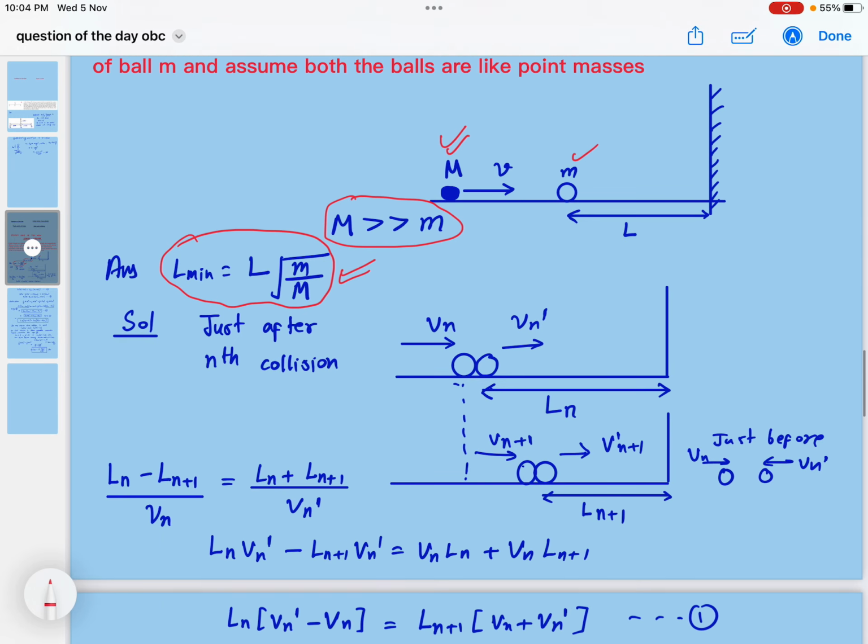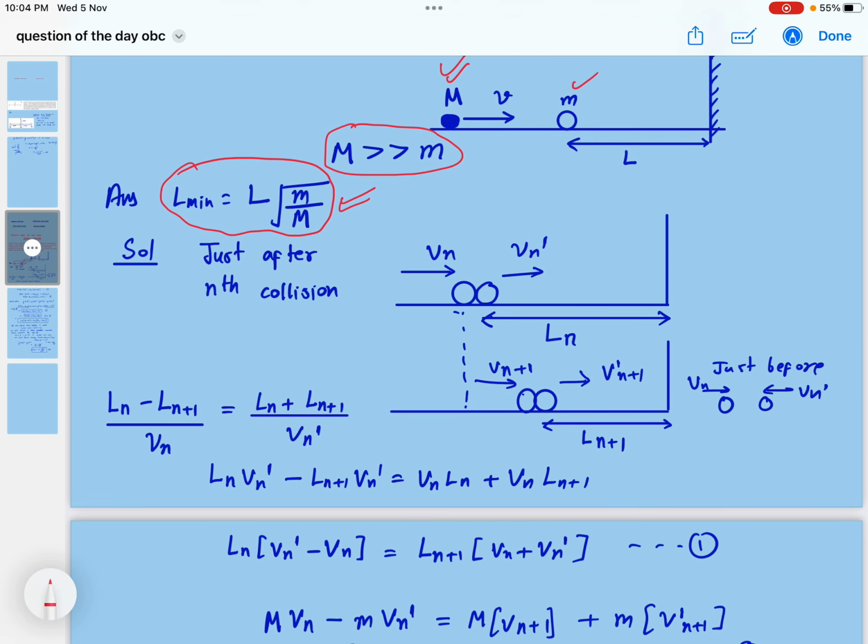So first let's see what to do. In my solution, first I am considering that at any instant the separation of the point of collision from the wall is Ln. Just after the nth collision I am assuming the velocity of the heavy mass is Vn and the velocity of the light mass is Vn dash. Now after this nth collision till the n plus 1th collision, the separation between the collision point and wall has reduced to Ln plus 1, right?